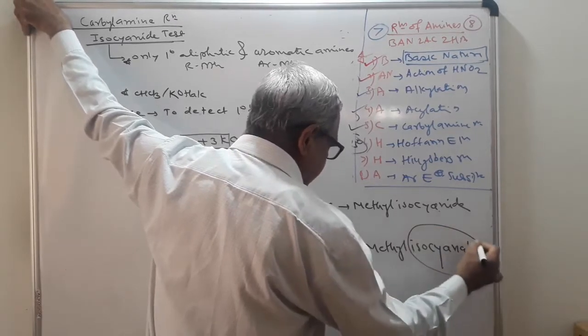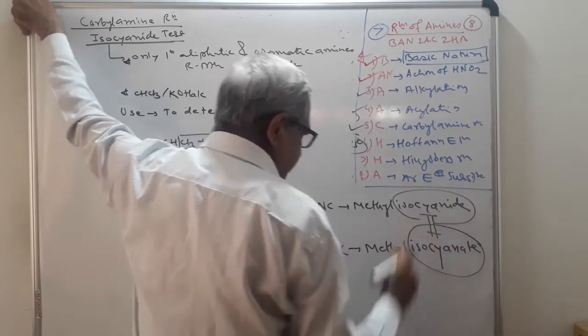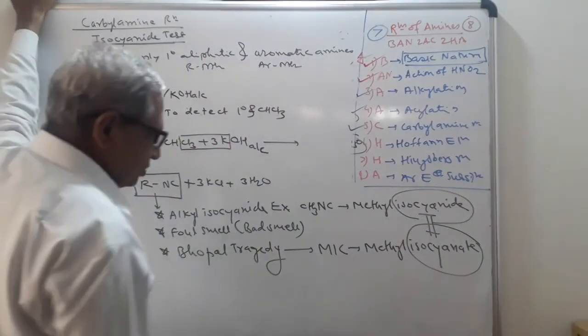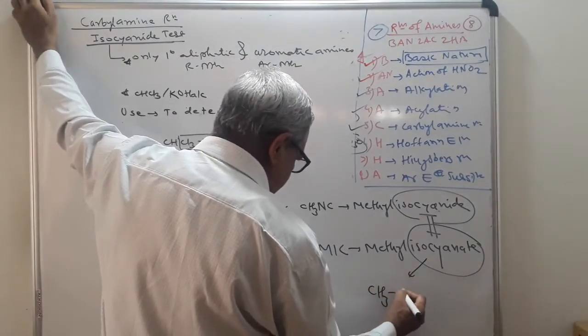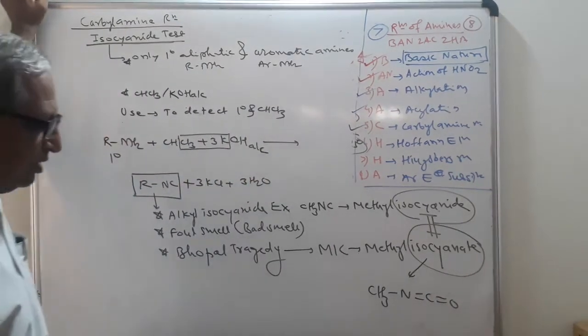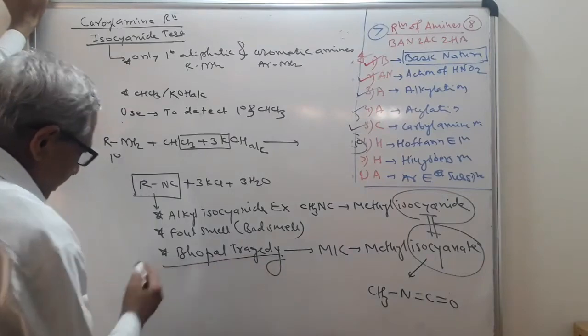Don't confuse between these two terms. These are very important terms. It is methyl isocyanate. The formula for methyl isocyanate is CH3N=C=O. So a question will be set on the Bhopal tragedy.